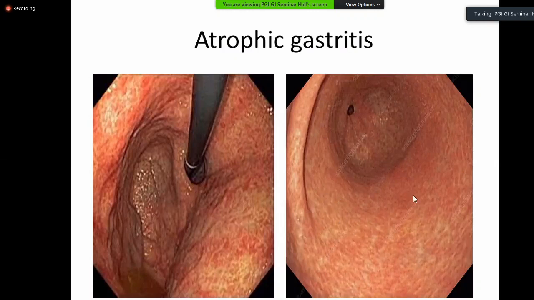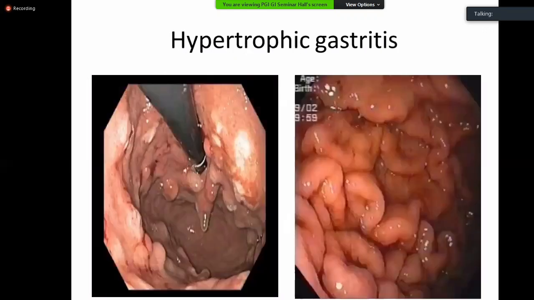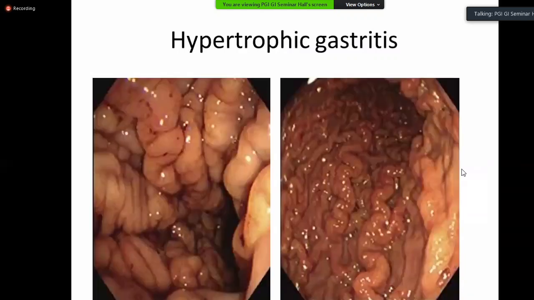You can visibly see that the mucosa is abnormal. The normal folds are not seen. The normal vessels, the normal mucosal appearance is not there. So this may happen in atrophic gastritis due to H. pylori or because of any other cause. Hypertrophic gastritis is easy to decipher. It may be Menetrier's disease or ZES or any other cause causing hypertrophic gastritis.